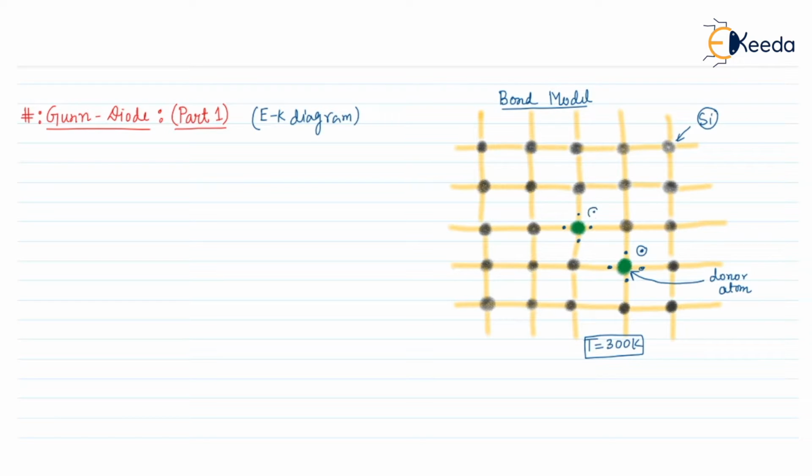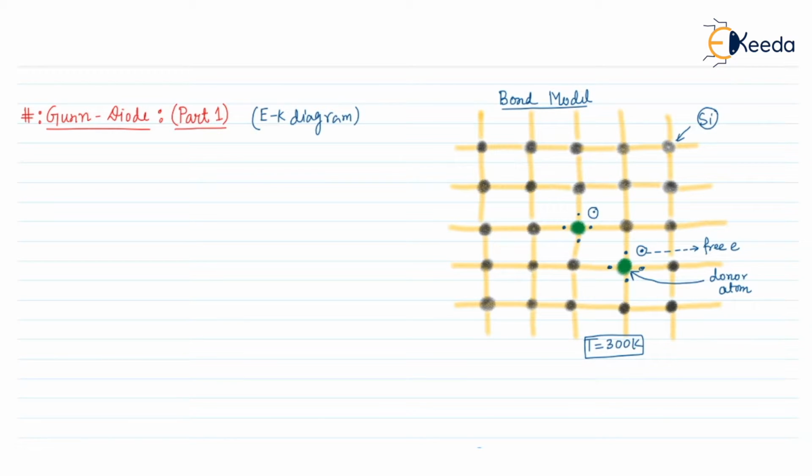This is the free electron that has been donated by this green donor atom. Now, when this free electron moves inside the crystal, it will experience two types of force.